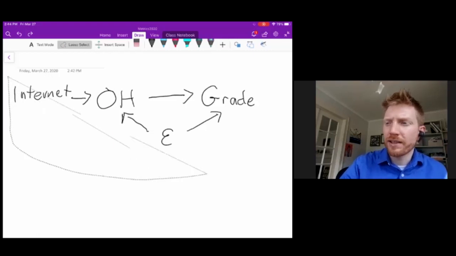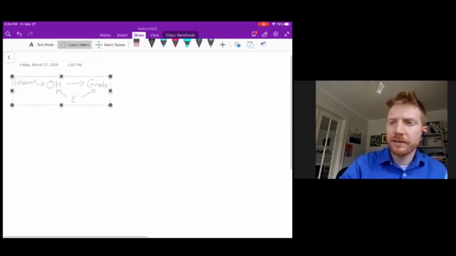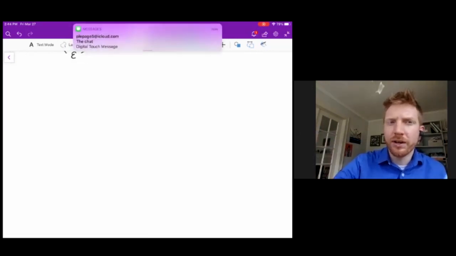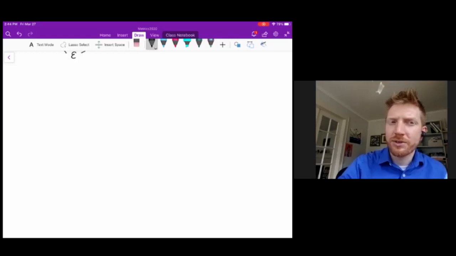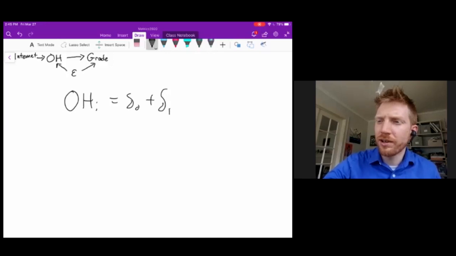And we can write this out very quickly mathematically. What we're going to do in our two-stage least squares method here is first we're going to say, how is office hours impacted by internet?